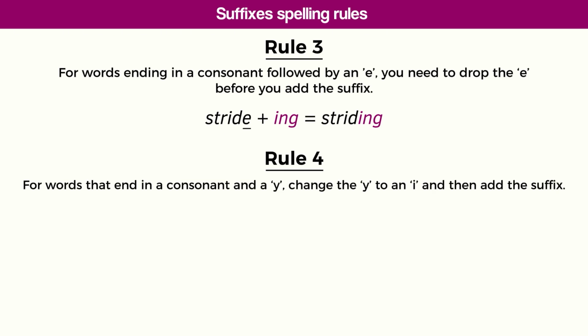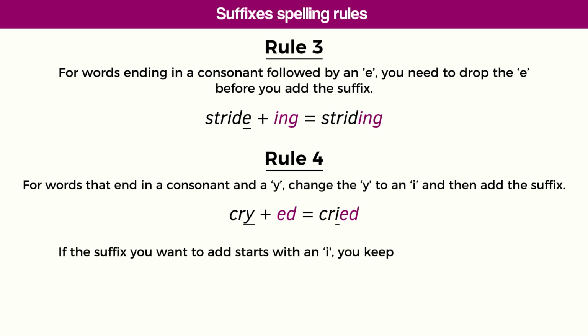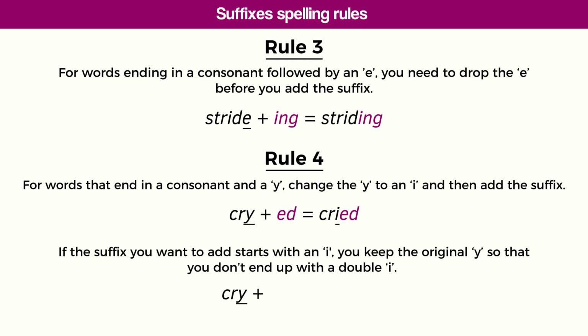For example, cry plus ed equals cried. However, if the suffix you want to add starts with an i, you keep the original y so that you don't end up with a double i. For example, cry plus ing equals crying.